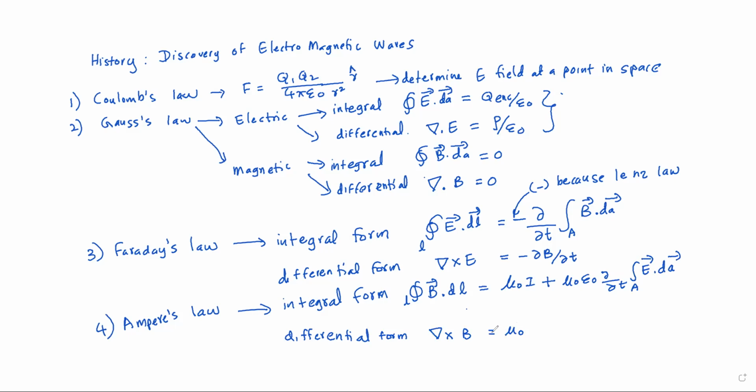When we take the amount of magnetomotive force per unit area, then we consider the curl of B, and it is equal to mu naught J, which is the charge density per unit area, plus mu naught epsilon naught del E over del t, which denotes the rate of change of electric field across that surface.